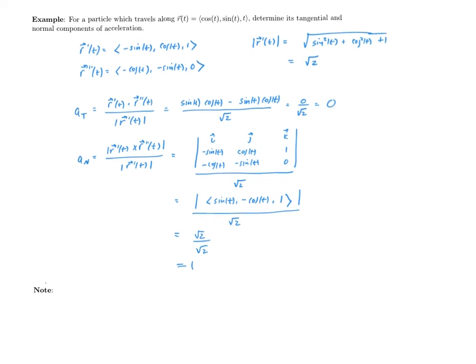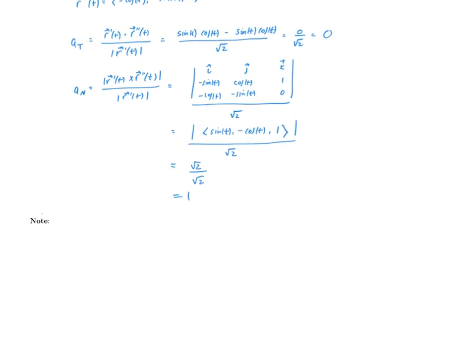So let's make this observation and use this as a wrapping up point for the discussion. So note, if speed is constant, then the tangential component of acceleration is 0. And if one was so inclined, you could explain why this is.